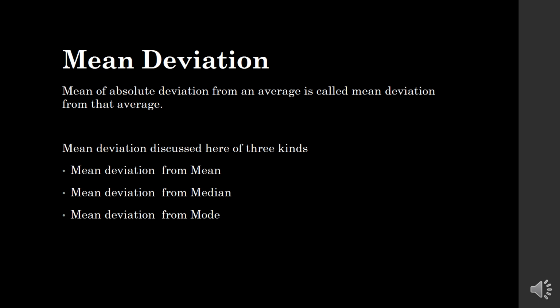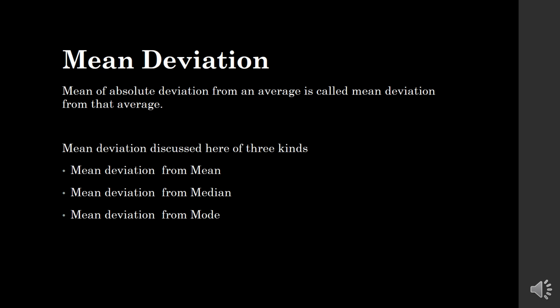So here the mean deviation is basically, as we know that we have two different kinds of dispersions, the absolute dispersion and the relative dispersion. So the mean deviation is a kind of absolute dispersion. The mean deviation is basically used to measure or find out the variation from the data.